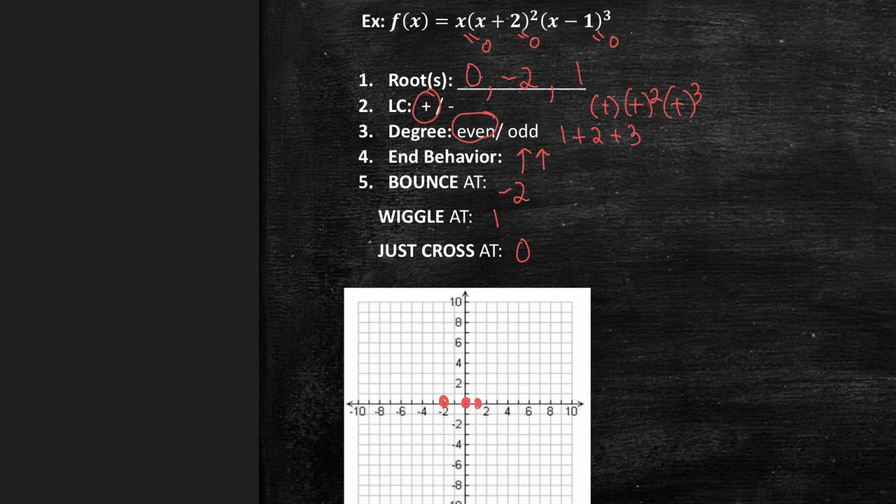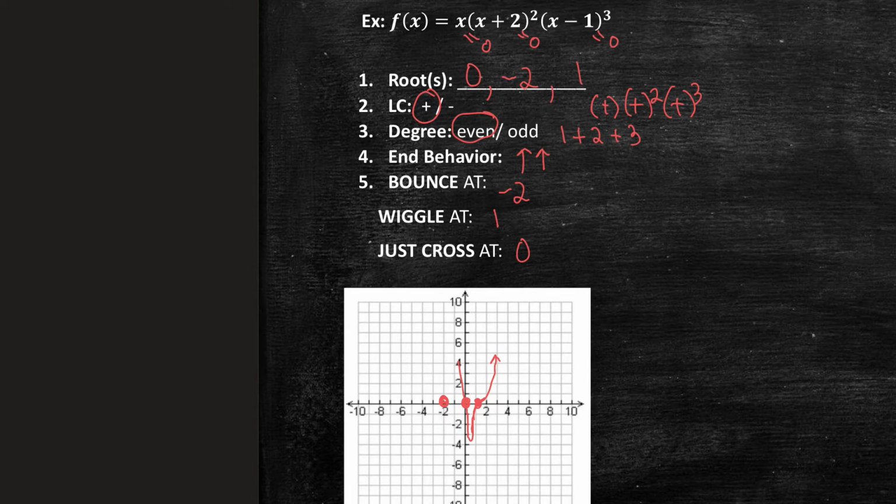Okay, the right side is going to go up, and at 1, it's supposed to wiggle. So it's going to go up here, but then it's going to come down here like a wiggle. And then at 0, it's going to cross. So it's going to come around, turn, and then go through 0, just straight.